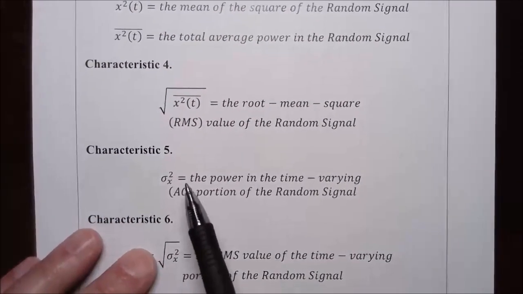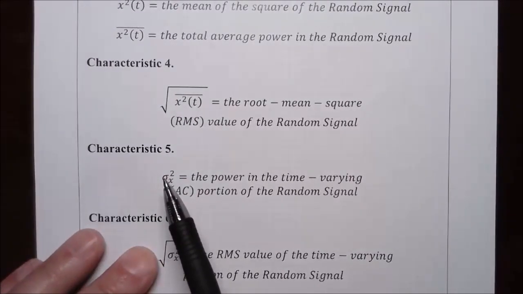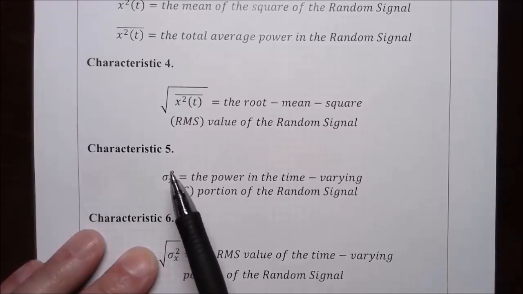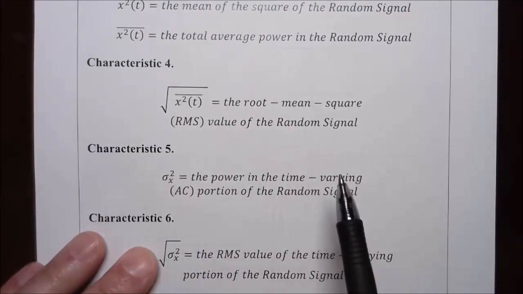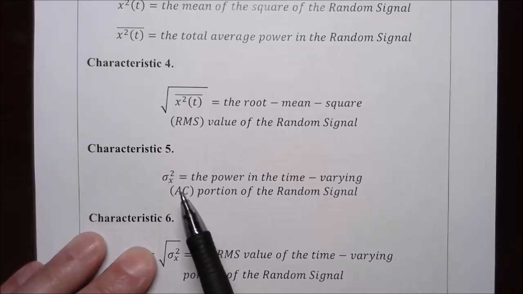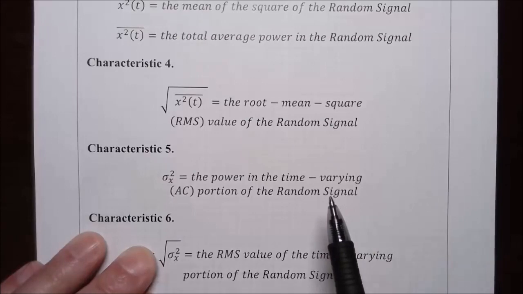Fifth characteristic, the variance of this random signal is sigma x squared. This is a measure of how widely the signal varies from its mean value. This will give us the power in the time varying portion. We will call that the AC portion of the random signal.